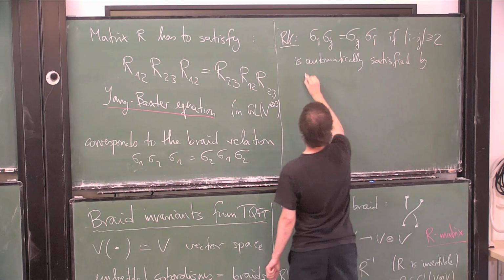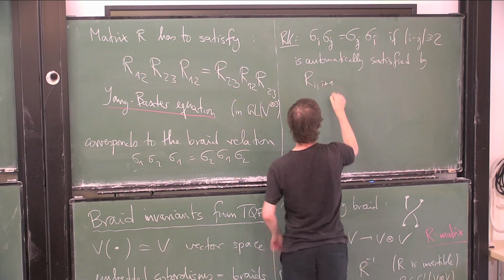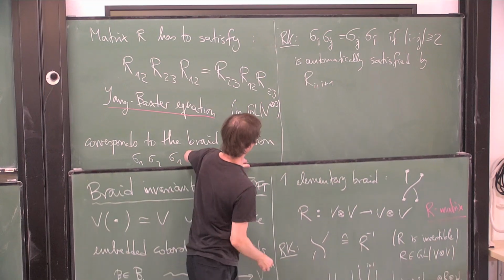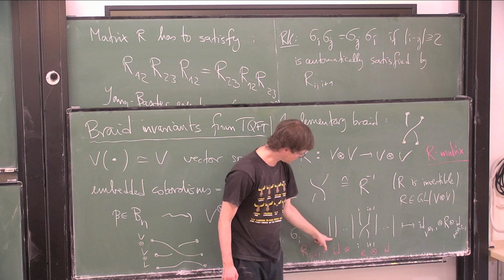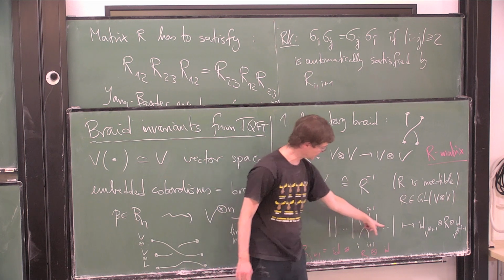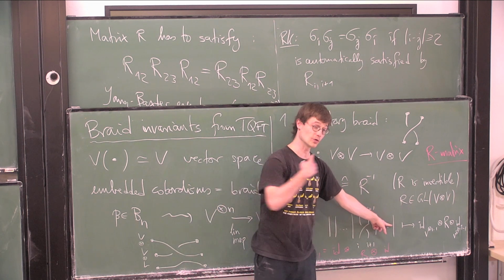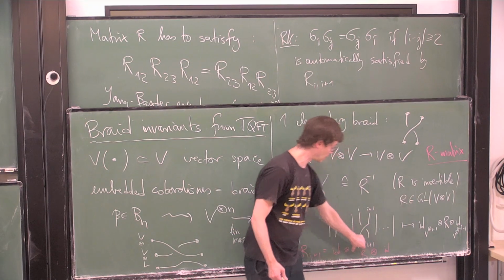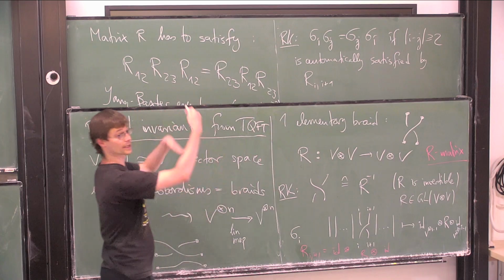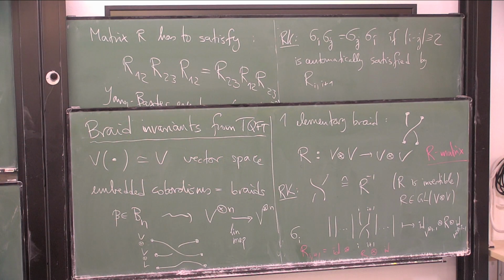by these matrices R_i,i+1. Simply by looking at the definition, if you combine identities with some matrix R and some identities, and you compose it with something of similar form but where this R is far away, then you can simply commute them.